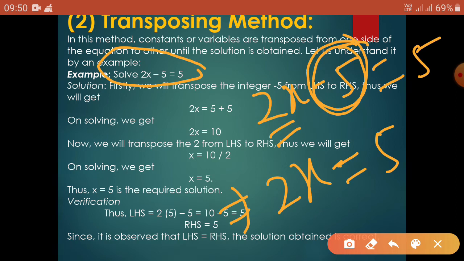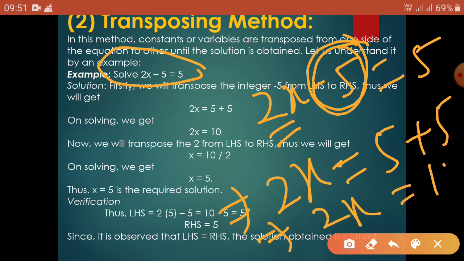Whenever we transpose this value to the right hand side, its sign will be the opposite of that sign. So here it is minus 5. When we transpose this value on the right hand side, its value will be plus 5. Okay, the sign will be changed. So here we are getting 2x equal to 10.